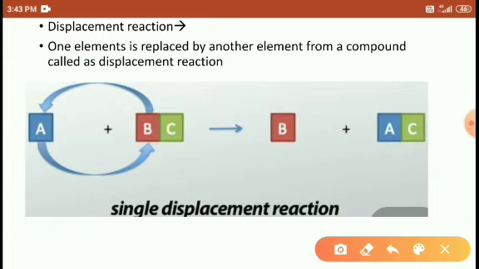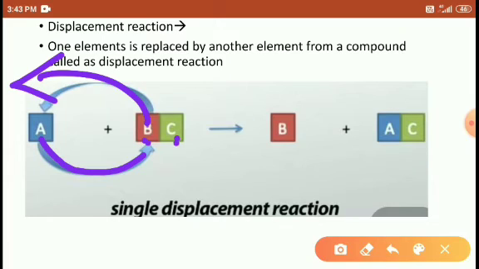That is called a displacement reaction. So B and C is a compound. When A attacks this compound, it displaces the B. It removes the B from the BC compound, and A itself reacts with the C to form AC. Right, students?